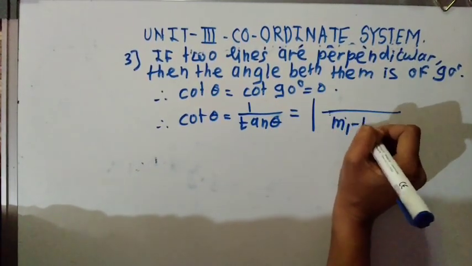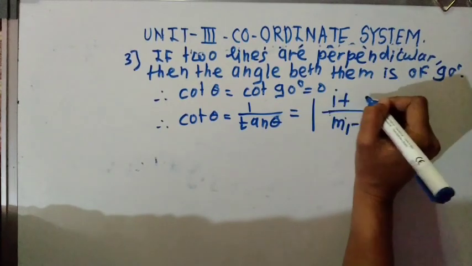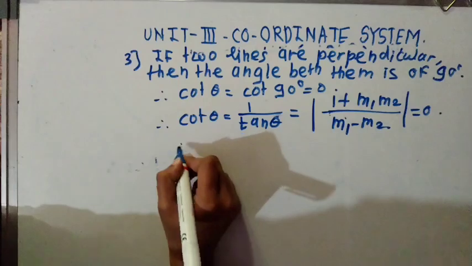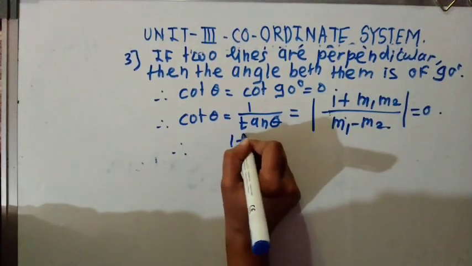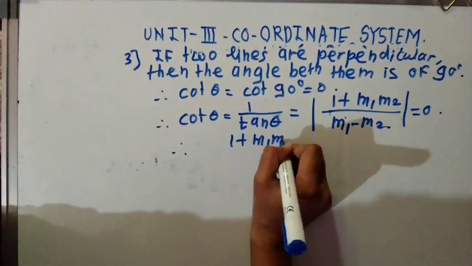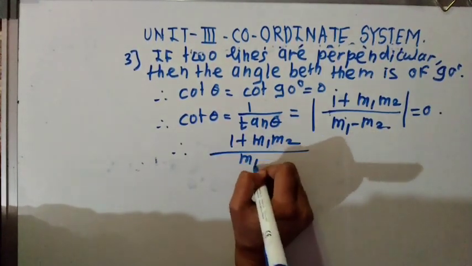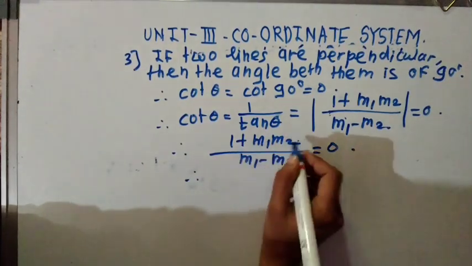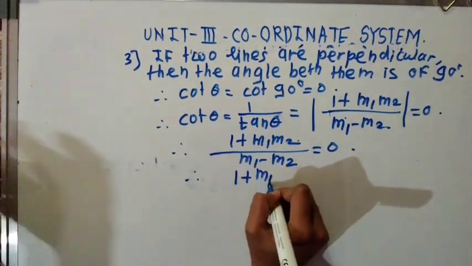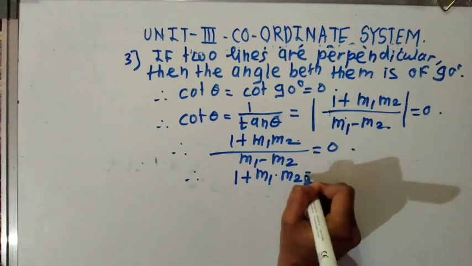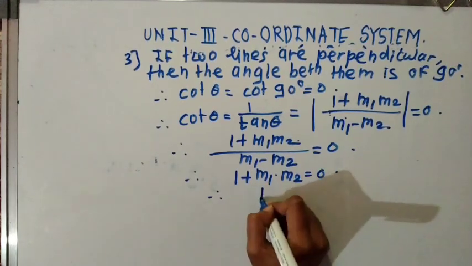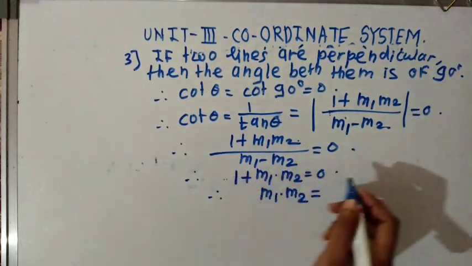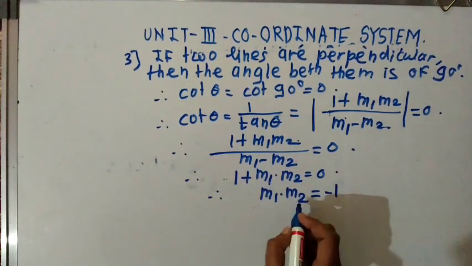Here we get (1 plus m1 m2) upon (m1 minus m2) is equal to 0. The mod is cancelled, and m1 minus m2 is not 0. Hence we get 1 plus m1 into m2 is equal to 0. Hence we get m1 into m2 is equal to minus 1.